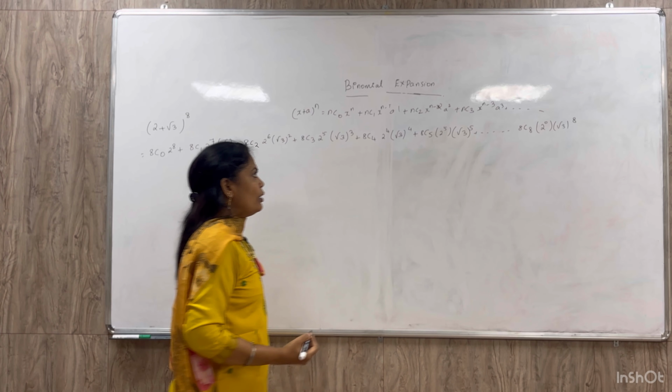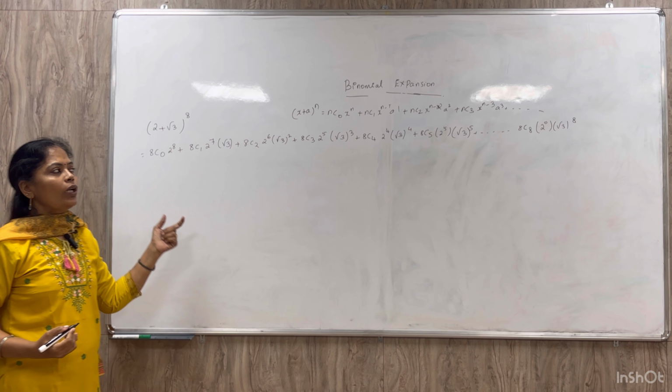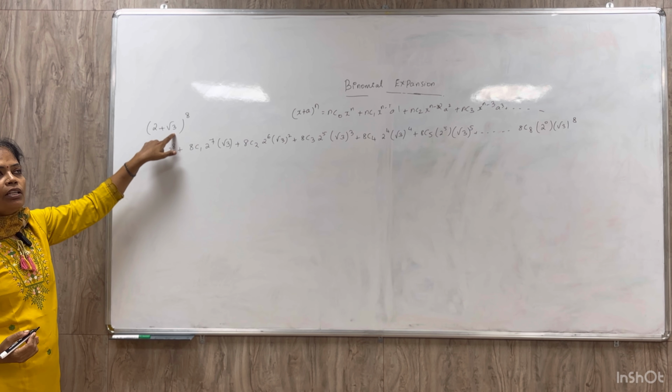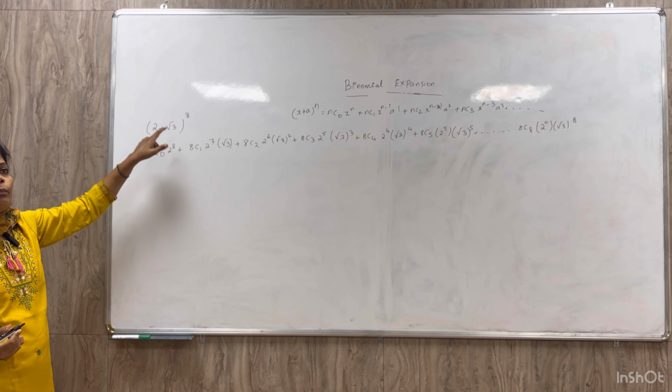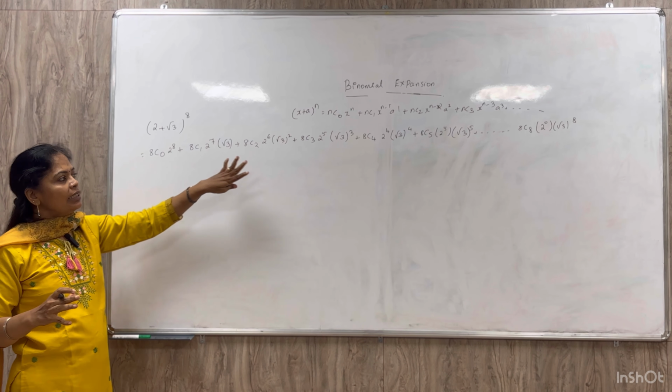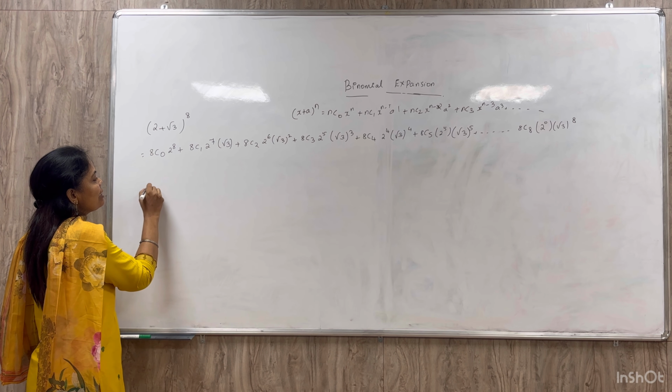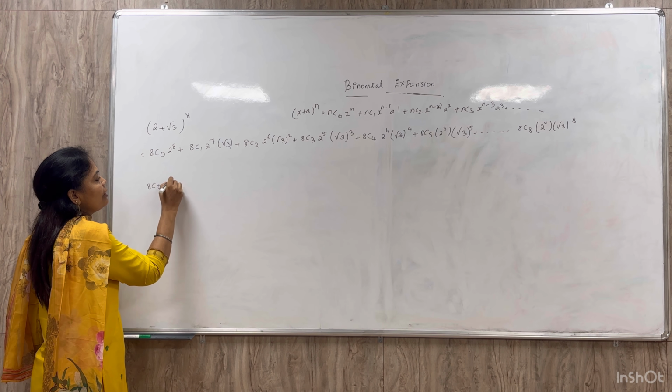Now they are asking the sum of all rational terms. Here the irrational number is only root 3, so when the root 3 power comes as an even number, that becomes a rational term. So 8C0 2 power 8 will come.